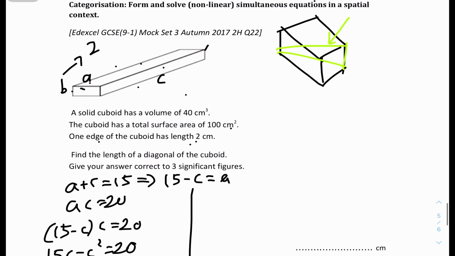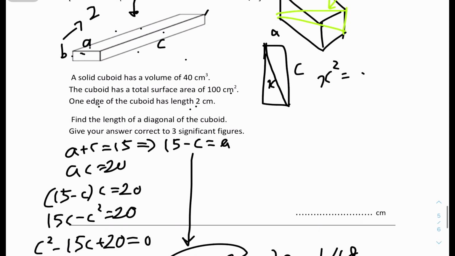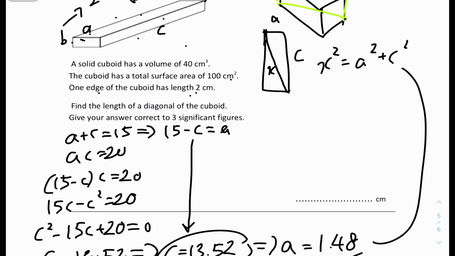So we have A and C. If you look from the top, in a bird's eye view, it will be like this, where this is A and this is C. And you have to find this value right here, this middle value. So we can use the Pythagoras theorem to get x squared equals A squared plus C squared. And we have the values for A and C right here.